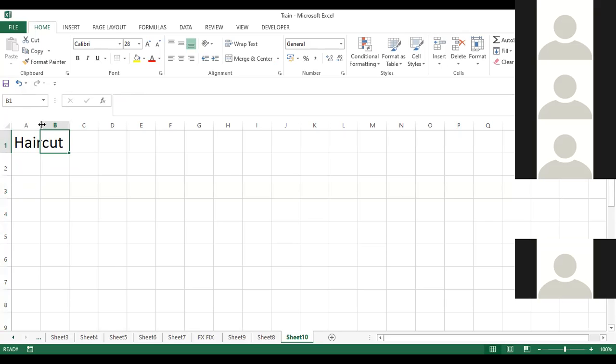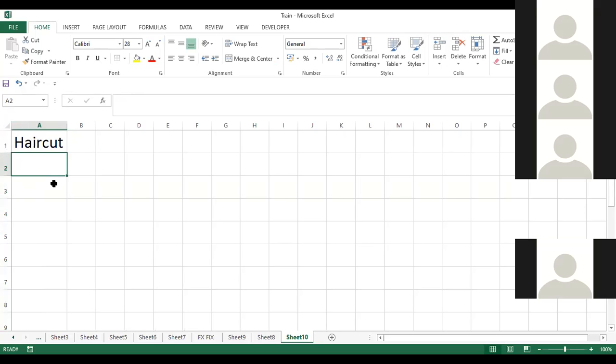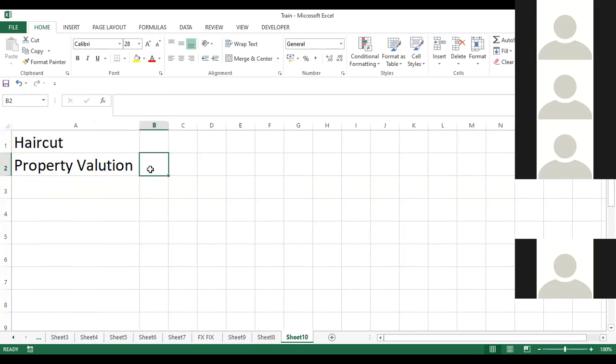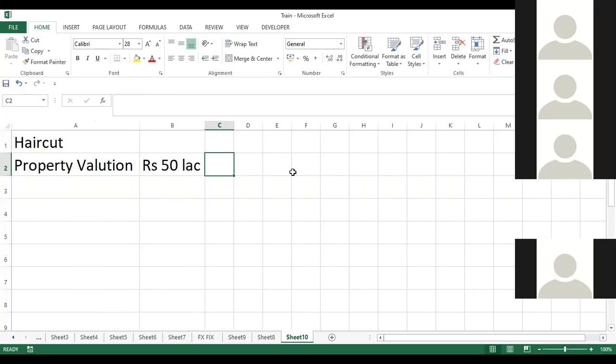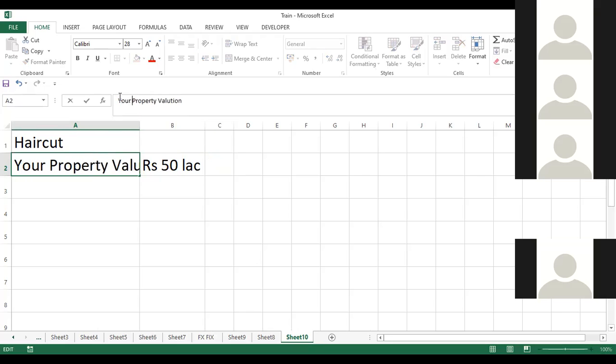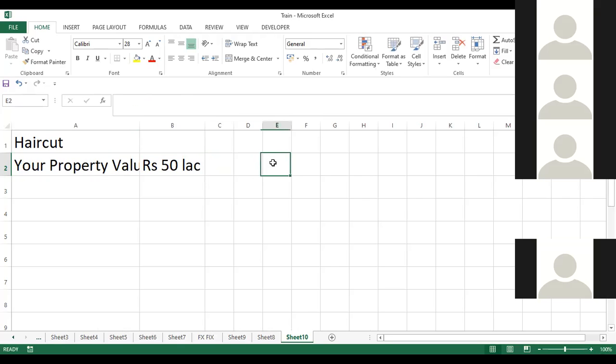Let's say the house property valuation is 50 lakh rupees. You go to the bank and this is your valuation, right? So I say your property valuation is this. And what is the bank valuation?